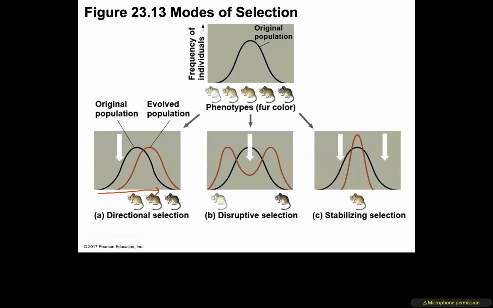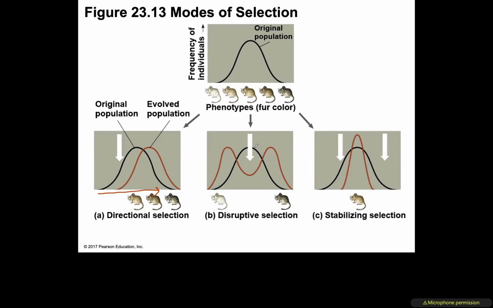When you look at the alleles of the population, the next generations have a higher frequency of alleles that cause darker brown fur. And so we are going in this direction. That is directional selection, where it will select towards the more extreme phenotypes.